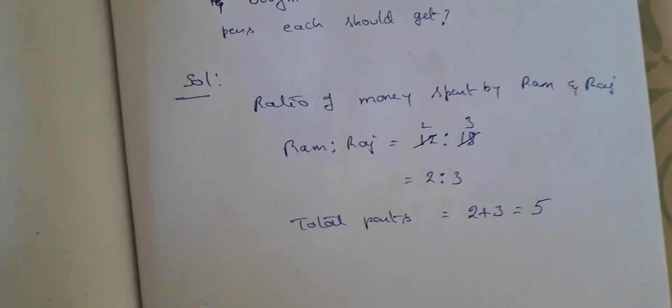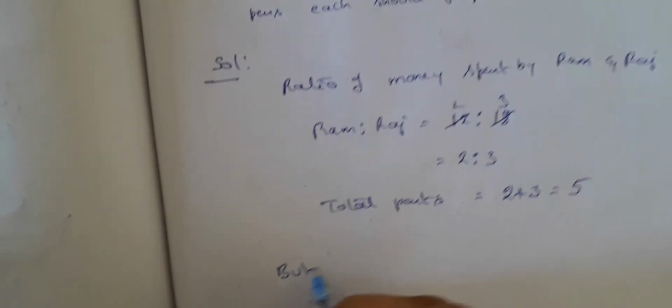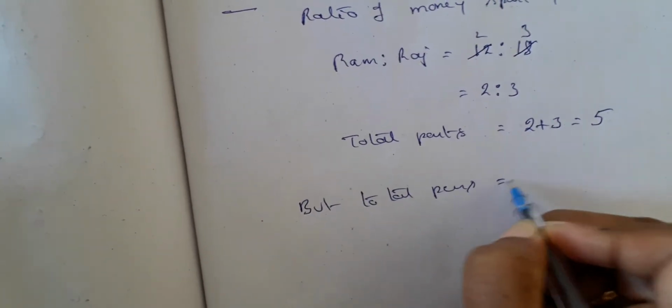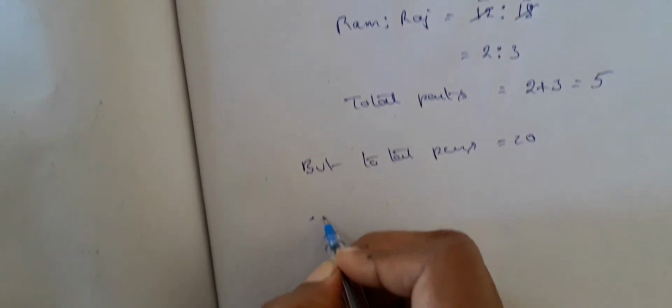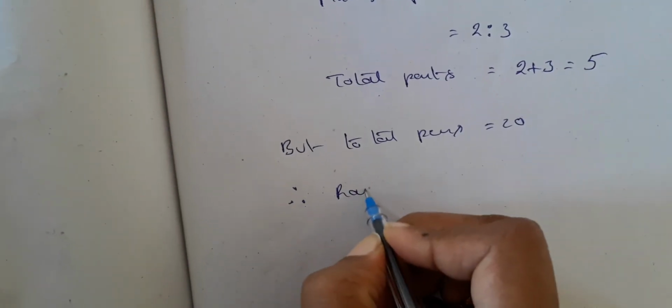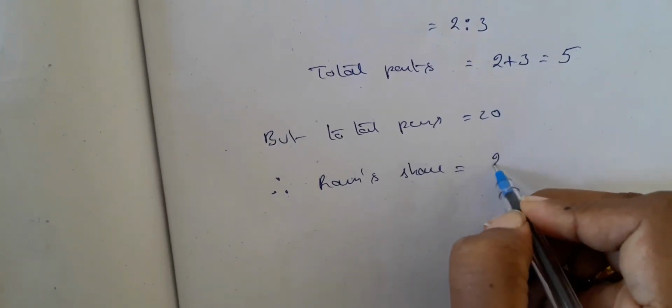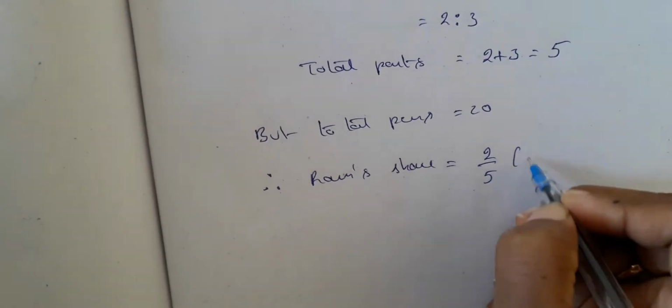Now, total pens is equal to 20. So Ram's share is equal to, what is Ram's share? 2 out of 5 parts of 20.